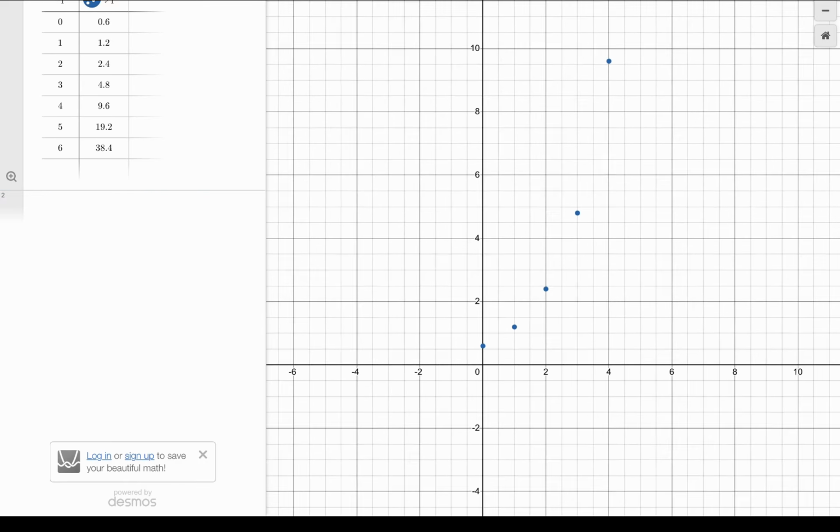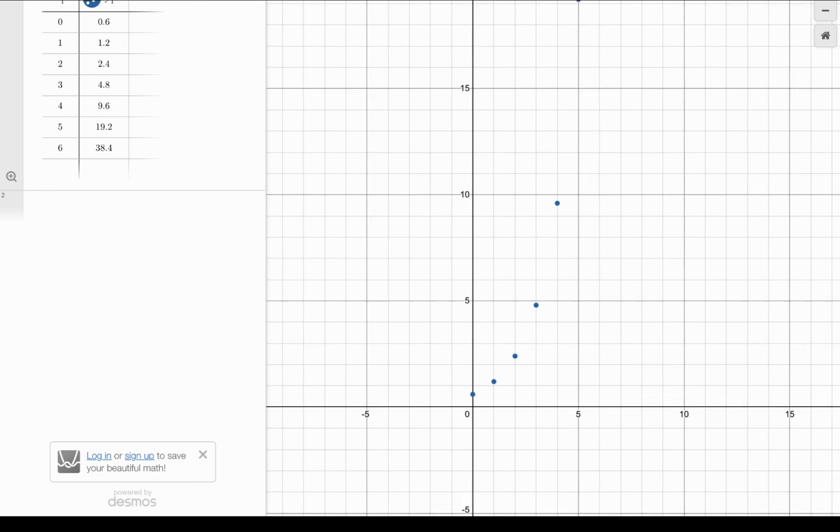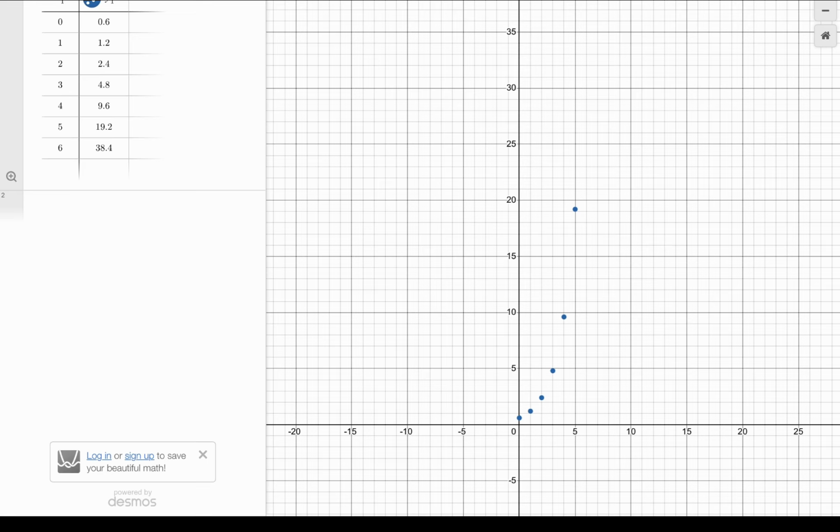Now, looking at this data, I'm just going to zoom out just a little bit. I can clearly see right here that this data will be a good representation of an exponential function.